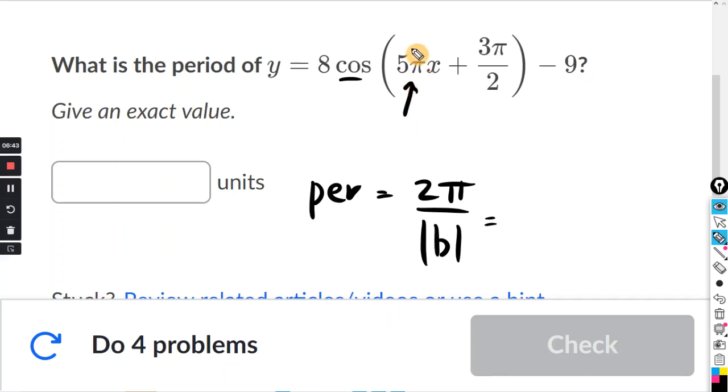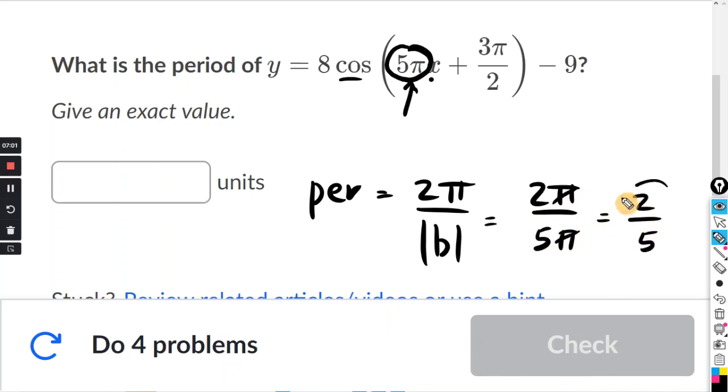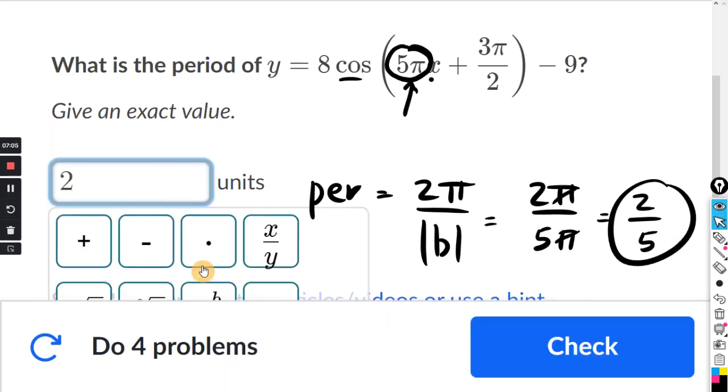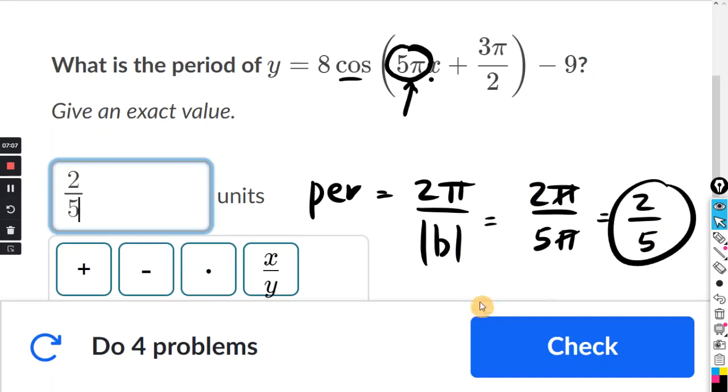Here we have 5 pi multiplied by the x. So it's going to be 2 pi divided by 5 pi. Of course the pi's cancel, and you're just left with 2/5.